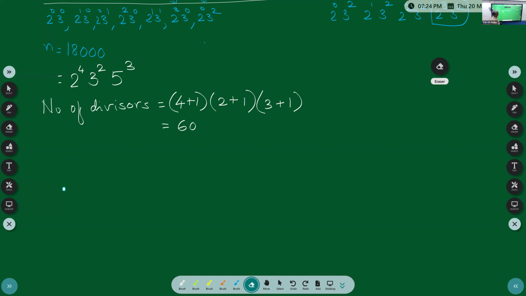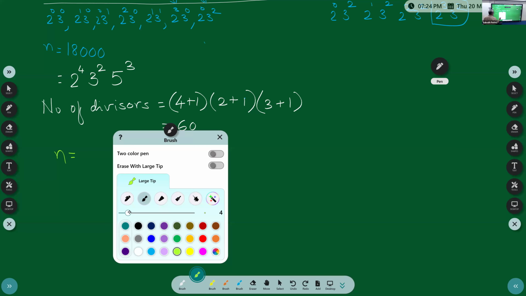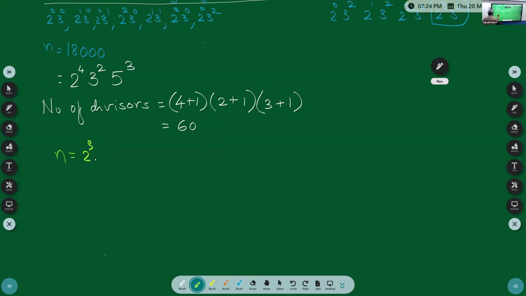So this is simple. Once the trick is known, then the formula is known. No matter how many prime factors are there, suppose n is equal to 2 raised to 3, 5 raised to 4, 7 raised to 2, 11 raised to 5.